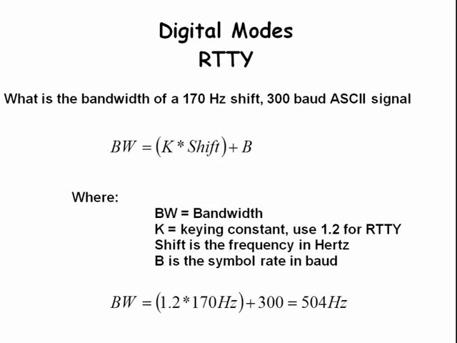The shift is the shift in Hertz, in this case 170, and B is the symbol rate in baud, which is given as 300. So we have a bandwidth that equals the quantity 1.2 times 170, quantity plus 300, which equals 504 Hertz.